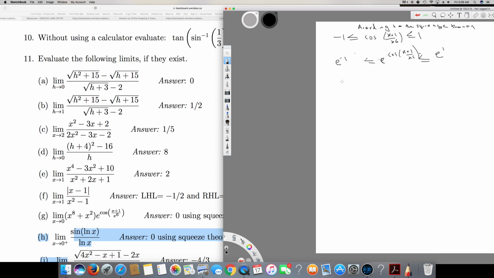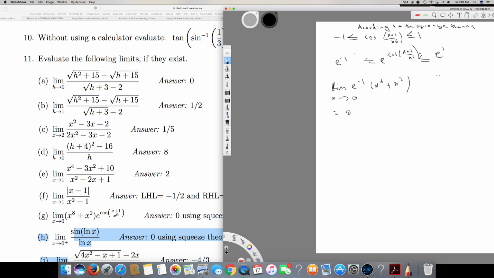And what happens is, now this is it. So let's check each one with this one. I check the e to the minus 1 first. If I put the limit as x approaches 0 of e to the minus 1 times x to the 8 plus x square, if I plug in 0 here, 0 times e to the minus 1 becomes 0.